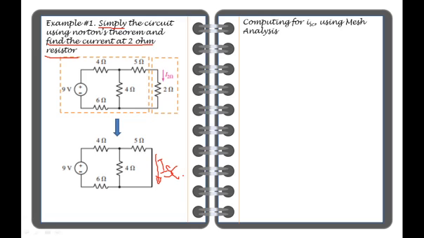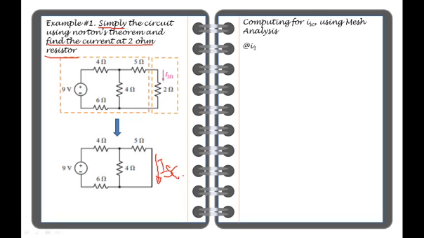So in order to compute the ISC, we're going to use mesh analysis. For those who don't know what mesh analysis is, you may click the link below so that you can watch my mesh analysis video and understand how to use it.